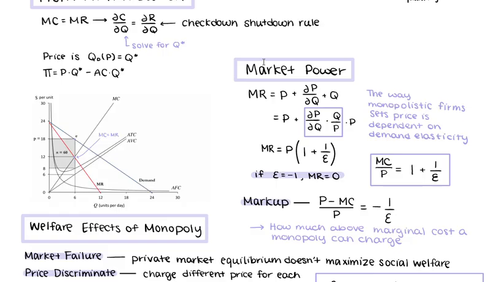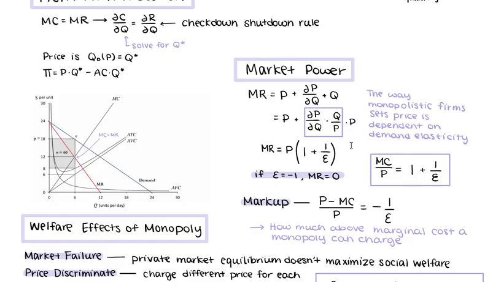If epsilon equals -1, the marginal revenue is 0. Why? By definition, we get the marginal revenue equals 0.